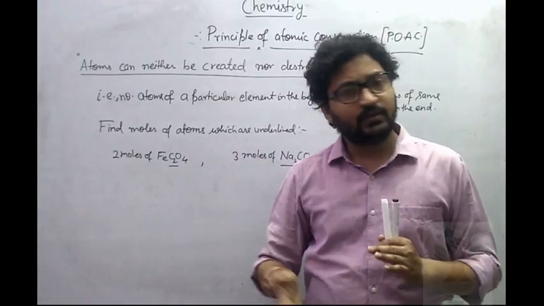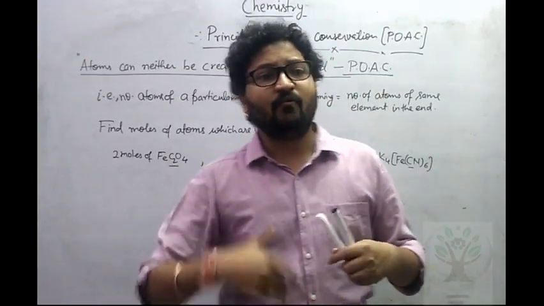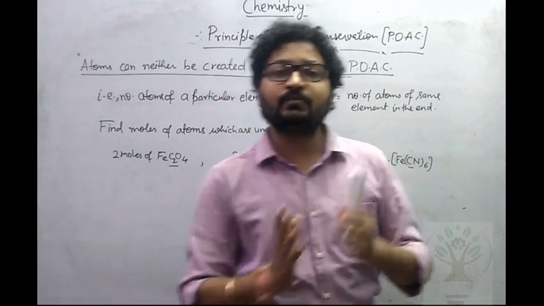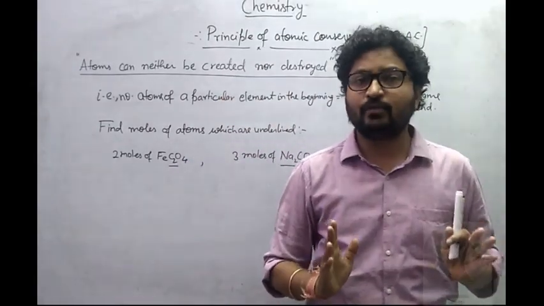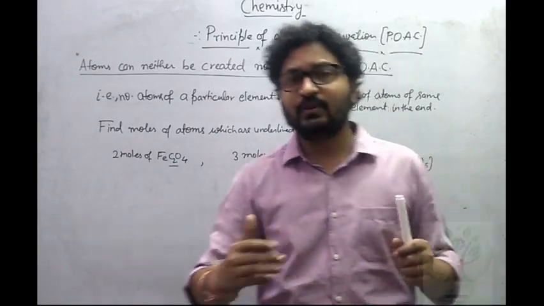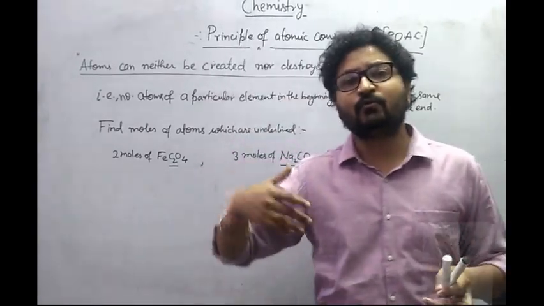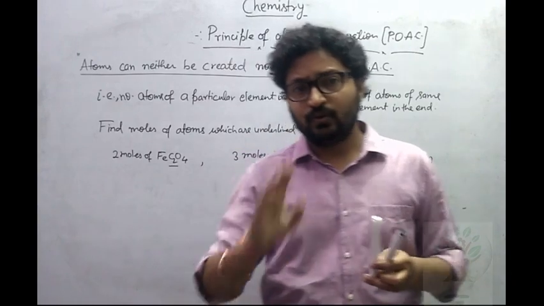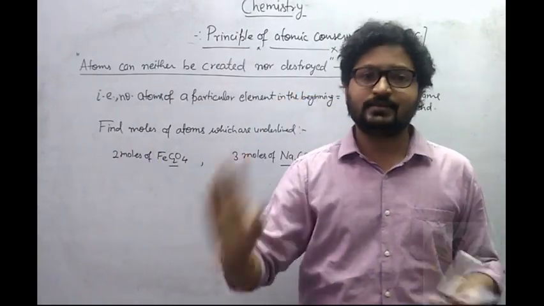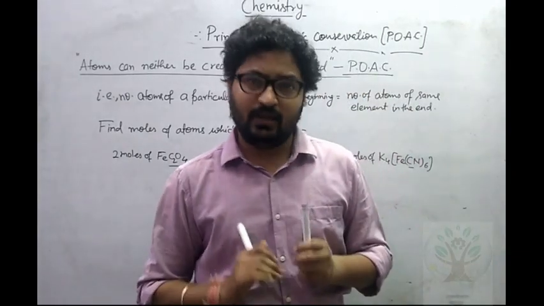If you start a reaction with, let's say, 1 lakh atoms of sodium, then at the end of the reaction all sodium atoms will be equal to 1 lakh. It will not be like कि 1 lakh atom will now be remaining 99,000, or it will not be like कि 1 lakh atom have converted into 1 lakh 1,000. So remember, whatever atoms you have in the beginning will have the same number in the end. This is nothing but your P.O.A.C.